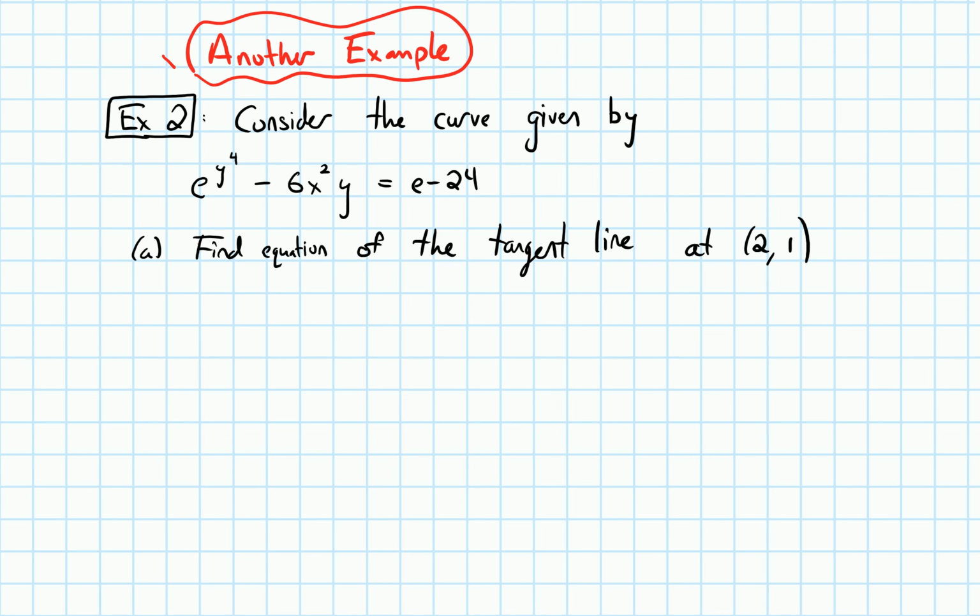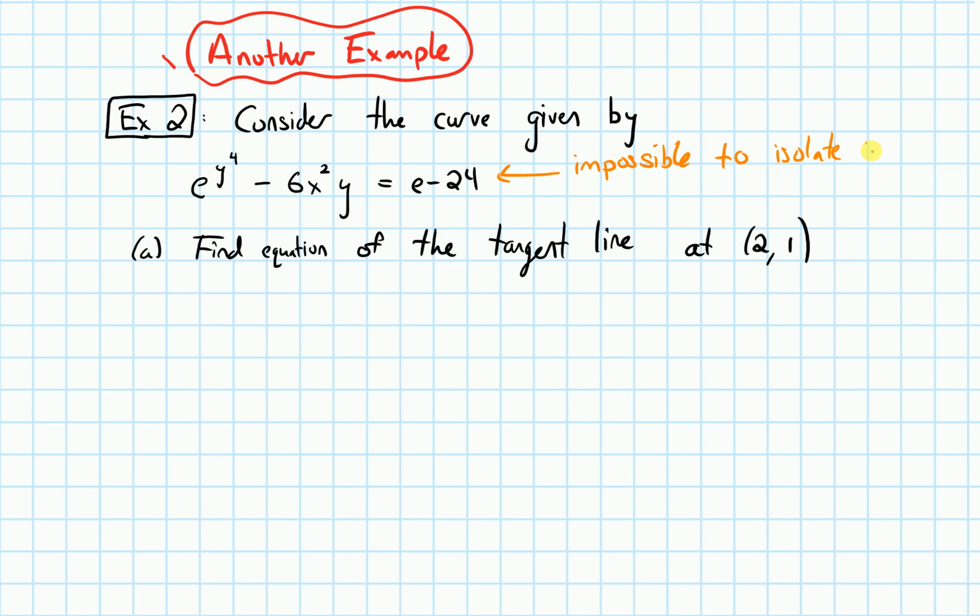So in the last video, we did an example in which we actually showed 3 methods for doing it. One involved geometry, one involved isolating the y and writing y explicitly in terms of x, and then taking the derivative. And the final method was implicit differentiation. With this equation right here, it is actually impossible to isolate y.